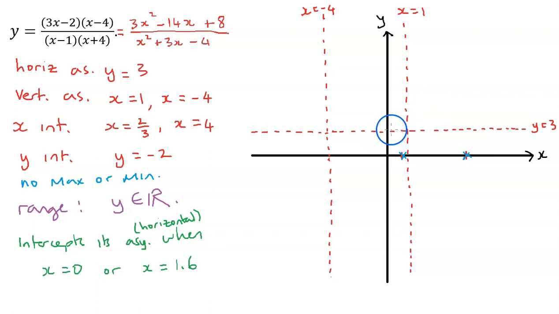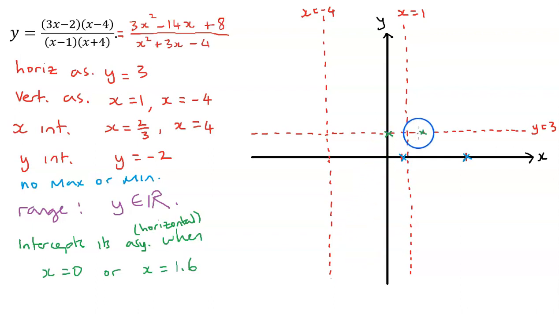So we know it goes through this point here. When x equals 0, it goes through the horizontal asymptote, y equals 3. And when x equals 1.6, it also goes through this point here. Just looking at this now, I can tell I've made a mistake somewhere, because as x tends to infinity, it should get closer and closer to the line y equals 3.